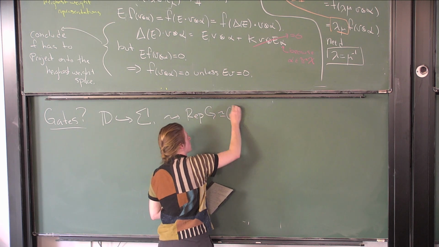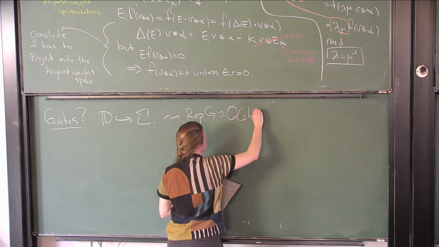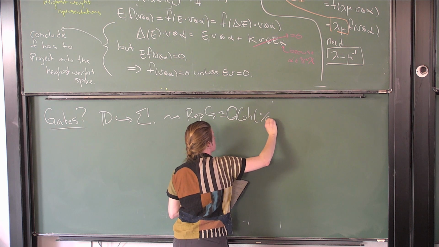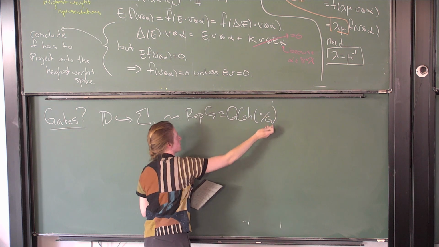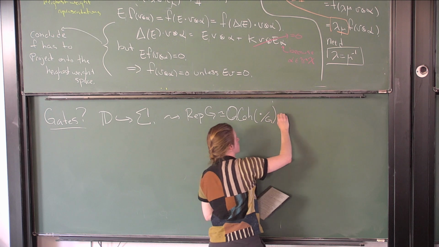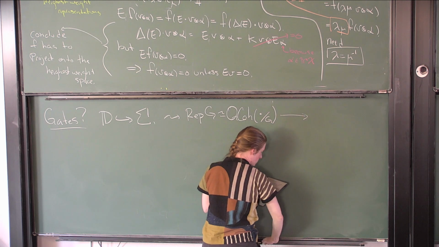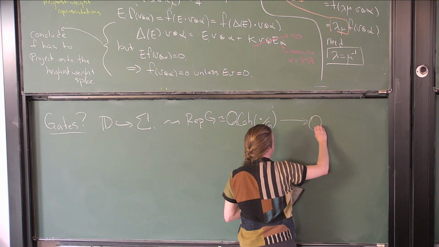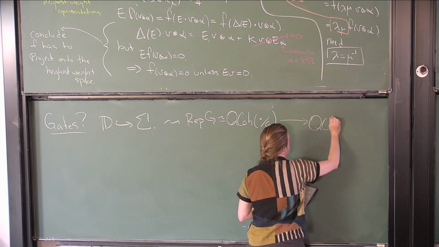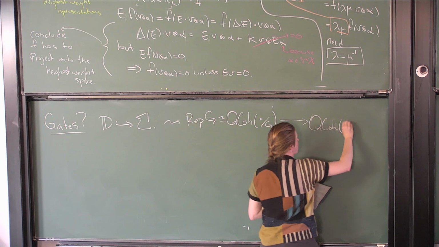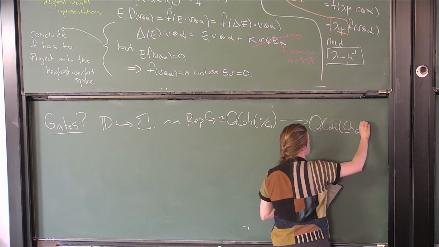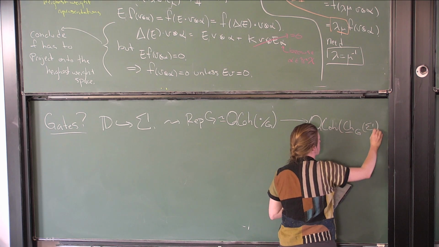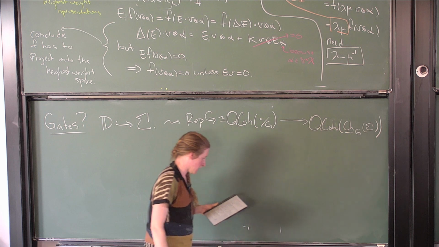Here there's a more geometric reason. Thinking about this, this is quasi-coherent sheaves on the stack, a point with a G action, and it's going to go from there to the quasi-coherent sheaves on the character stack of sigma, like this.